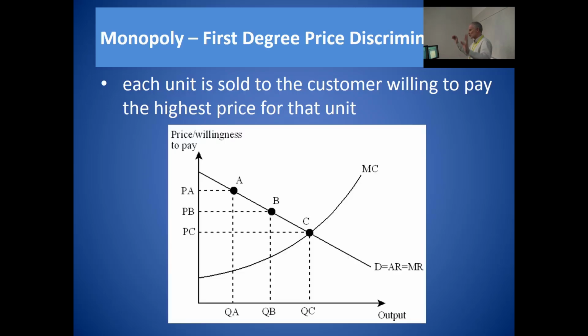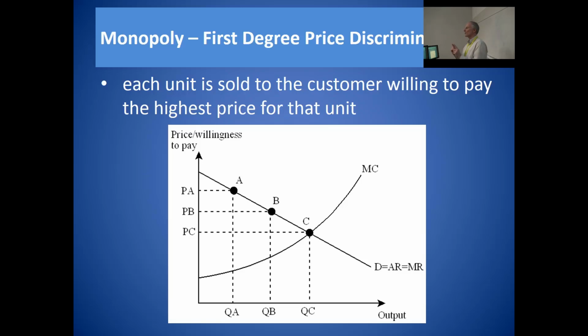So let's say, just to explain what we mean by this, this is, as we've seen before, our conventional downward sloping demand curve. And this means that as the monopolist produces more output, customers are willing to pay less for successive units of output.